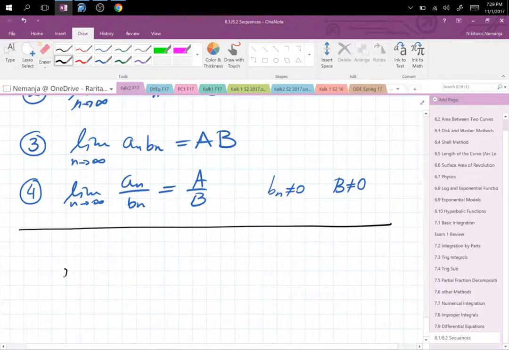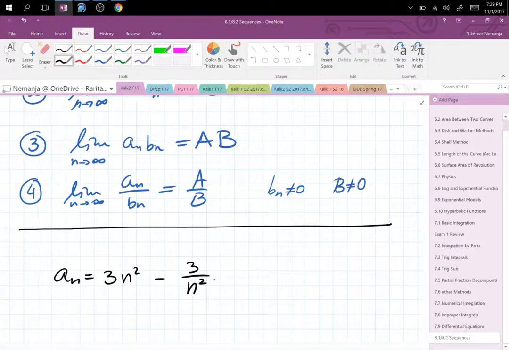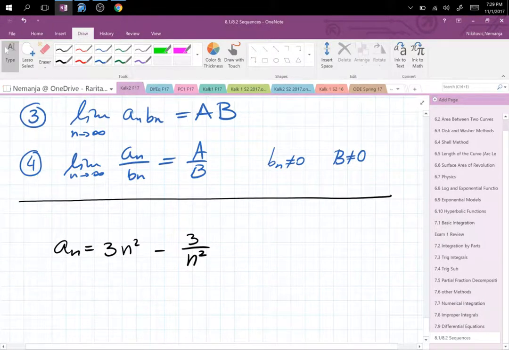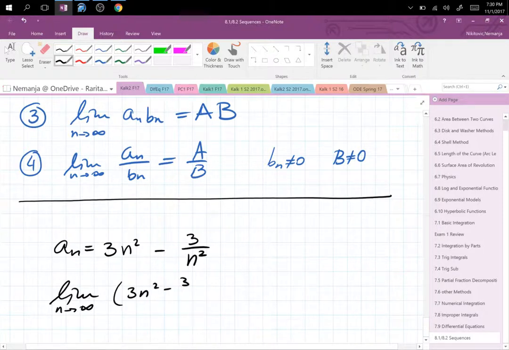Say your sequence a_n is given as 3n squared minus 3 over n squared. You want to calculate convergence or divergence on this one. You will take the limit as n goes to infinity of 3n squared minus 3 over n squared.